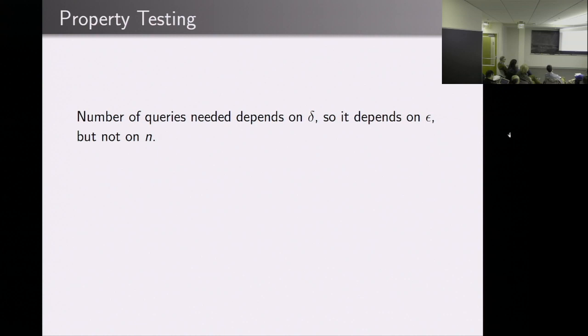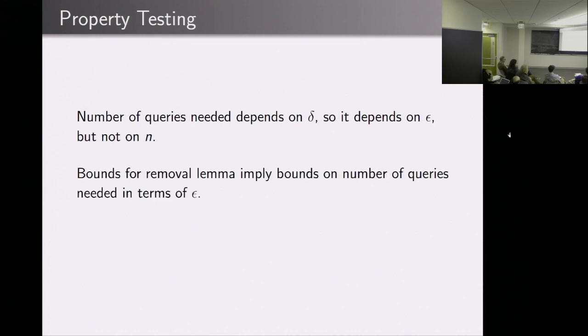So here the point is that the number of queries that we need depends on delta as a function of epsilon, but it doesn't depend on n. And so if you get bounds for the removal lemma, then that gives you bounds on the number of queries needed in terms of epsilon. And here again, upper bounds on 1 over delta in the removal lemma give an upper bound on the number of queries and vice versa.